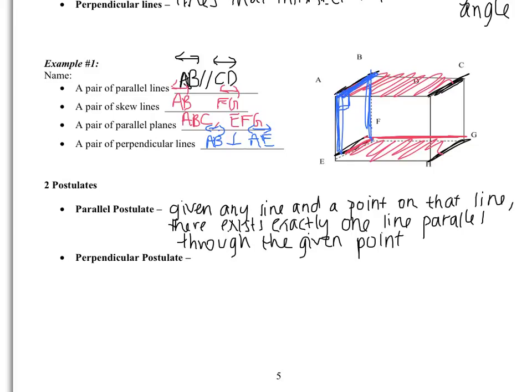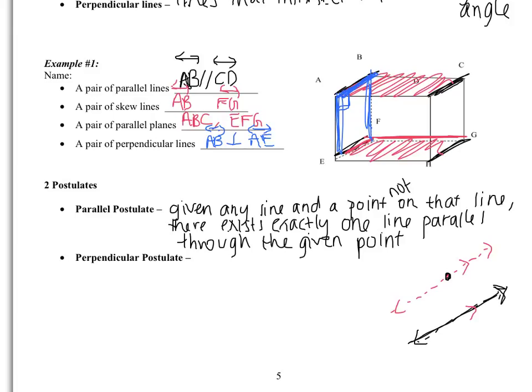Okay, so let's see if we can draw an example. Given any line and a point, oh, this should say not on that line. Okay, so given a line and a point not on that line, there exists exactly one line parallel through the given point. So there's only one line that's going to be parallel to that first line, and that goes through that point.